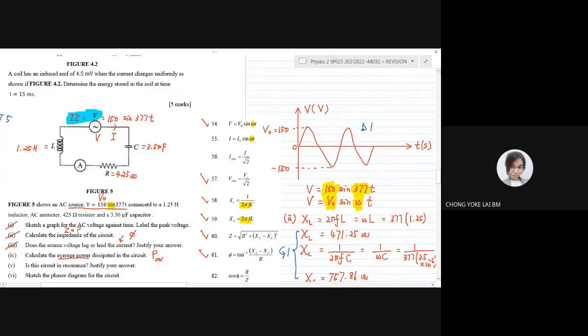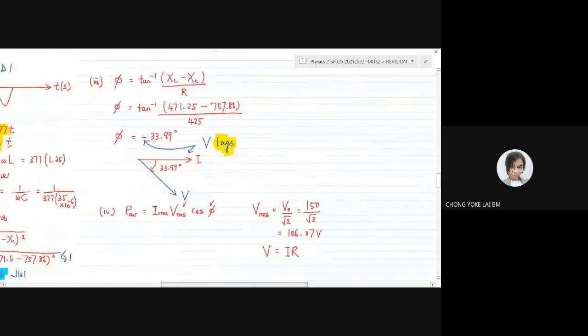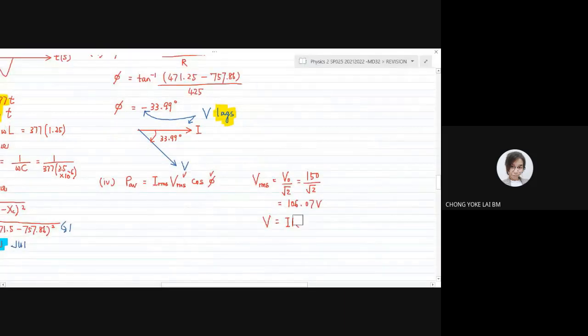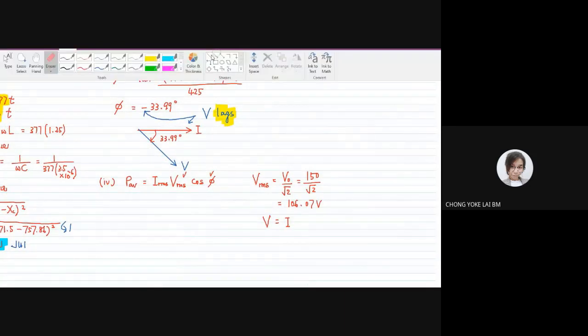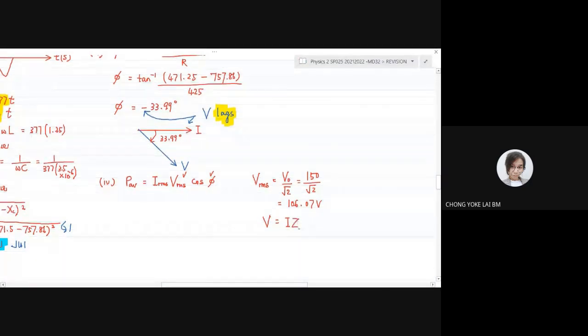So total voltage kita mesti ialah IZ. Okay? Formula tu tak ada kat sini kan. Itu yang selalu sometimes kita akan tersilap dekat situ. So, sebab kita dah biasa V equal to IR je daripada form 4 lagi kan. So V equal to IZ.